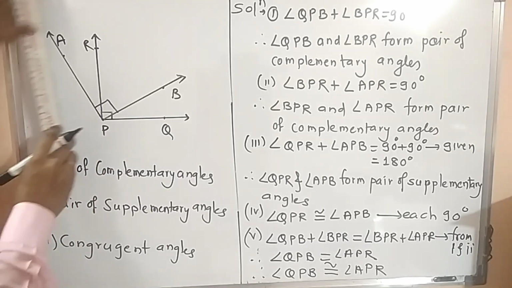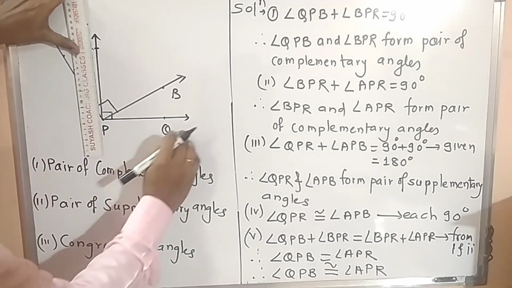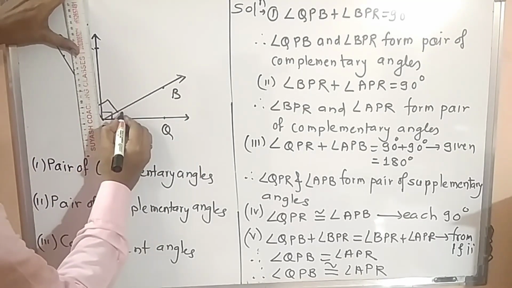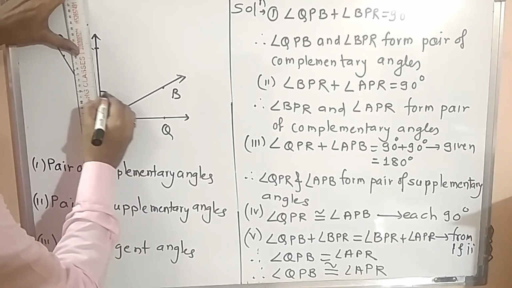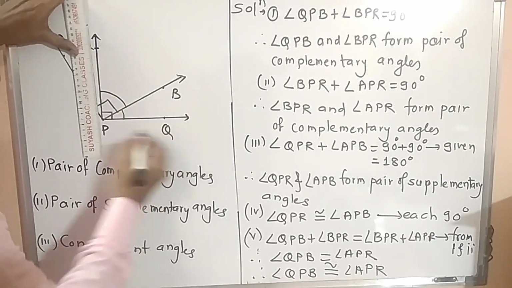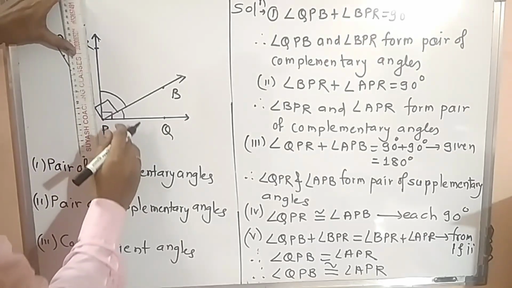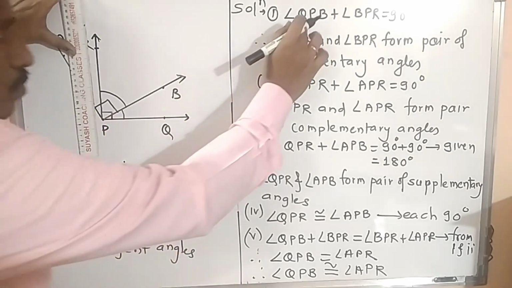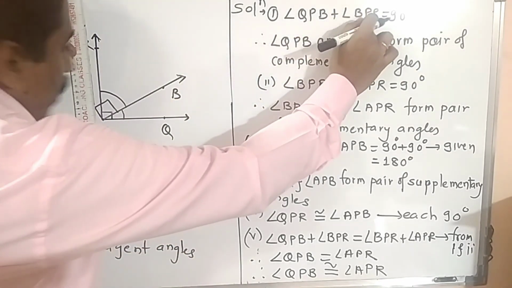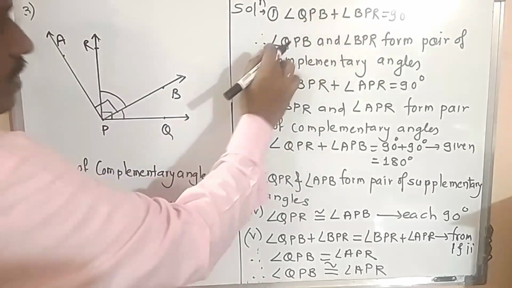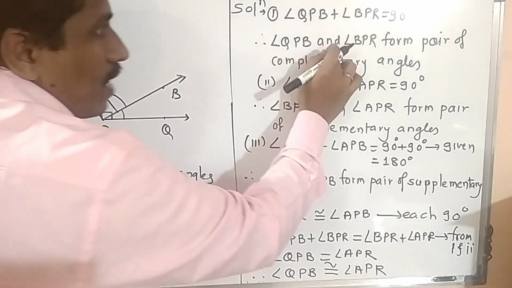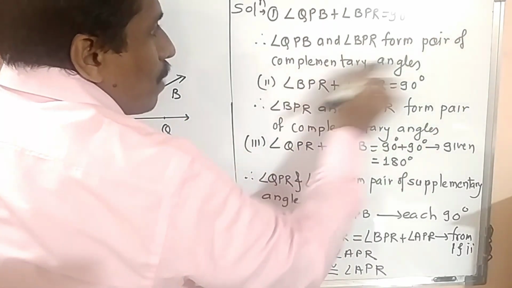Here, look at the figure. Angle QPB, this angle, plus this angle, it means that is equal to QPR, which is 90 degrees. So, angle QPB plus angle BPR is equal to 90 degrees. Therefore, angle QPB and angle BPR form a pair of complementary angles.